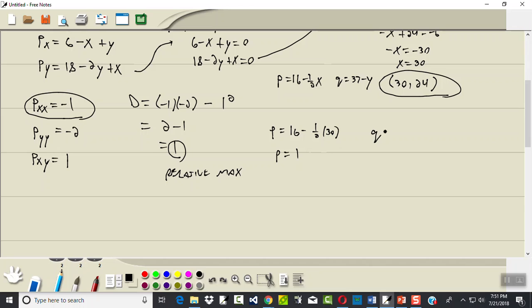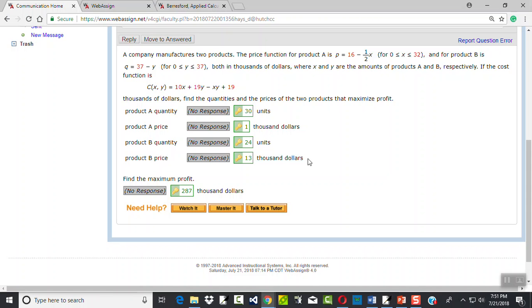Now for our other one, q is equal to 37 minus y, and we said y was 24. So we got 37 minus 24, which gives us 13, which is where this 13 comes from.